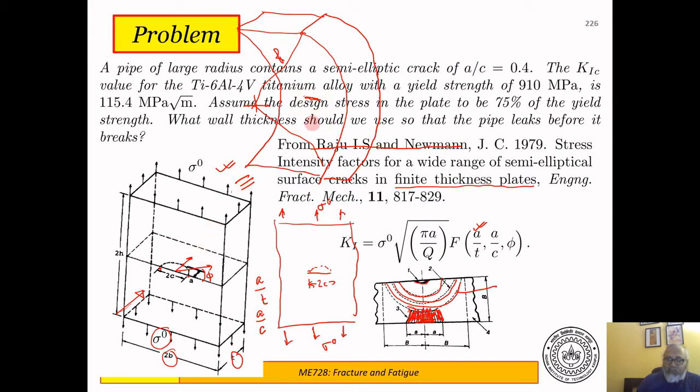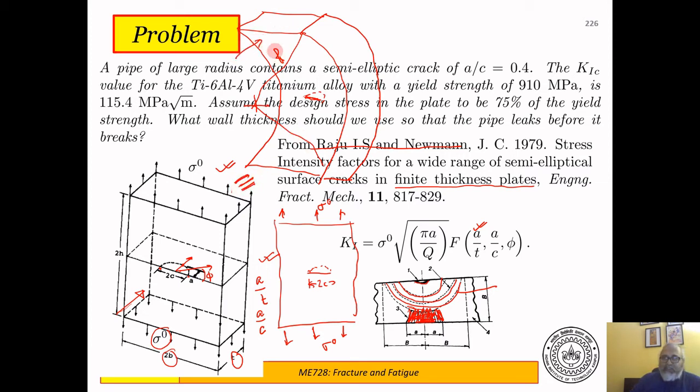So this situation is almost the same as this situation. So the solution that these people gave in 1979 for stress intensity factor variation along this crack front can be used even for a semi-elliptical crack in a pressure vessel with a large radius. That is the connection that we are making.